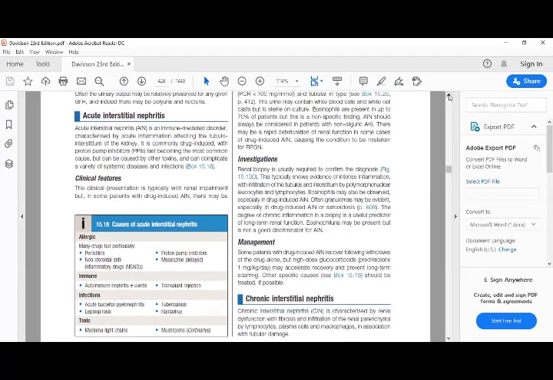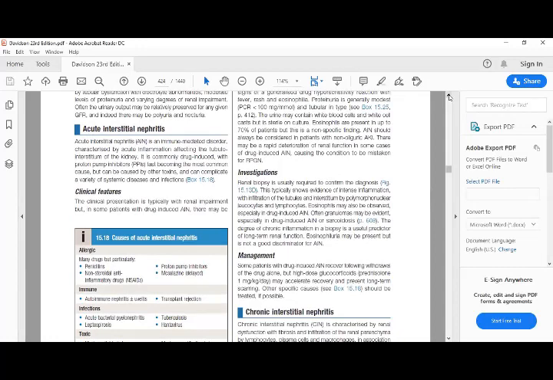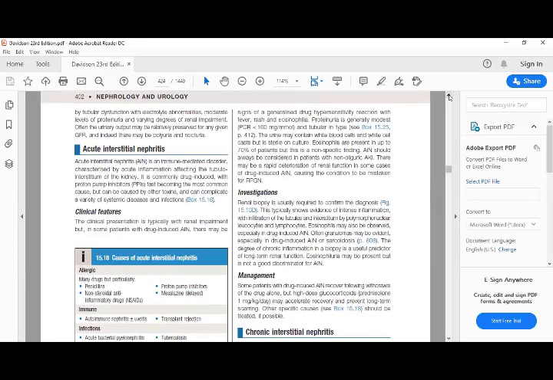The clinical presentation is typically with renal impairment, but in some patients with drug-induced acute interstitial nephritis, there may be signs of a generalized drug hypersensitivity reaction with fever, rash, and eosinophilia. Proteinuria is generally modest, PCR is less than 100 milligrams per millimole, and tubular in type.